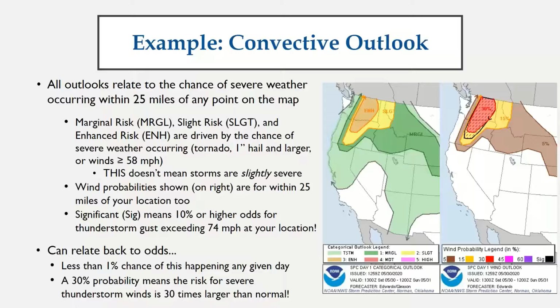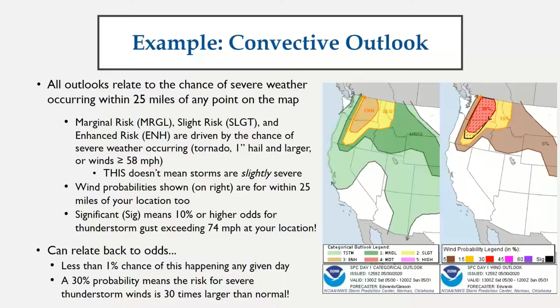What it's saying here in that yellow area is there's a 15% chance of a thunderstorm wind gust greater than 58 miles per hour within 25 miles of your location. And you can see there's also a hatched area where they're saying there's a significant chance for thunderstorm gusts exceeding 74 miles per hour at your location, at a 10% chance or higher.